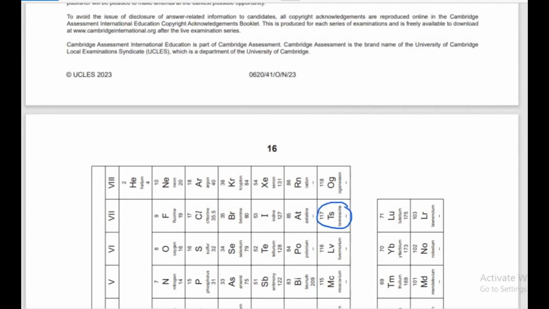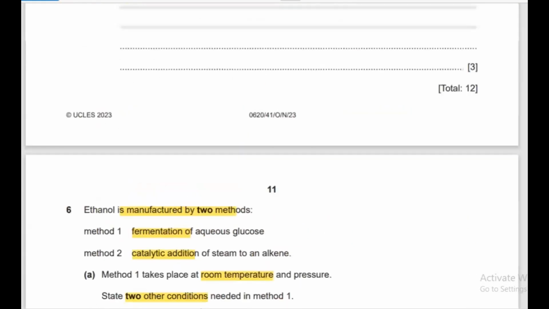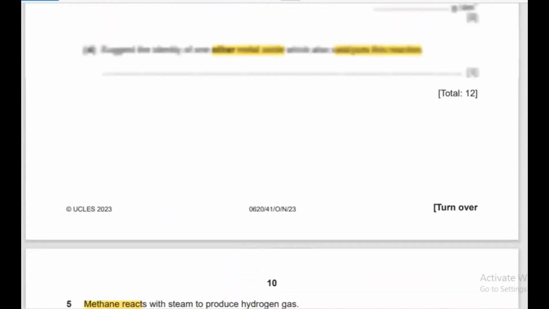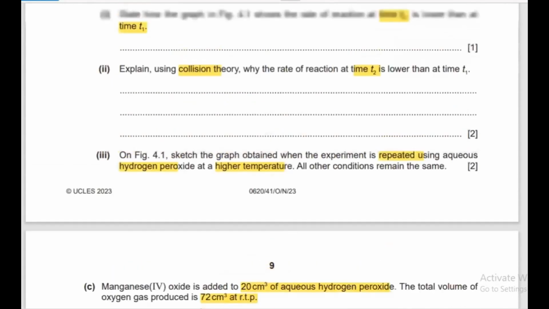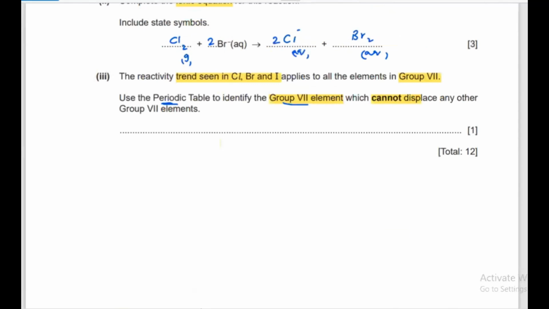This is the latest version of the periodic table. So Ts, you can copy the name as well as the symbol of the element from this periodic table. Okay, so let me write down the name of this element or the symbol. So Ts, or tennessine, is the element which is least reactive.